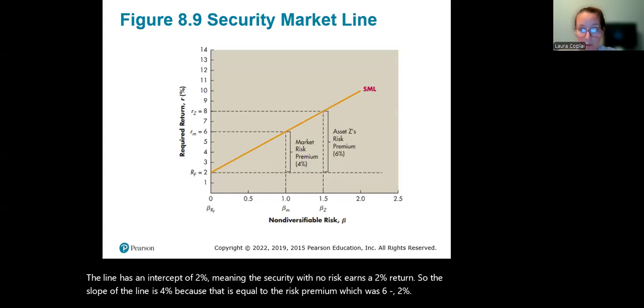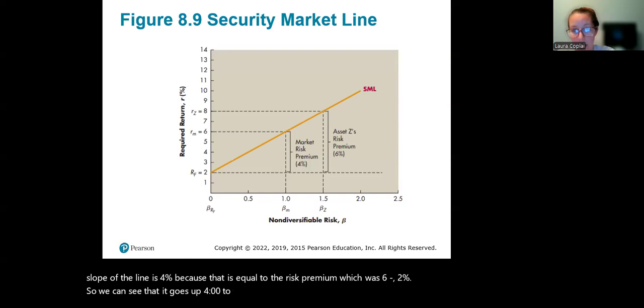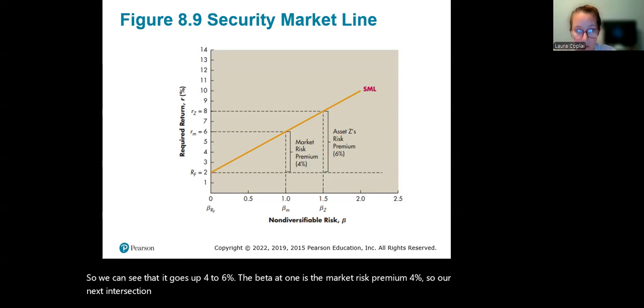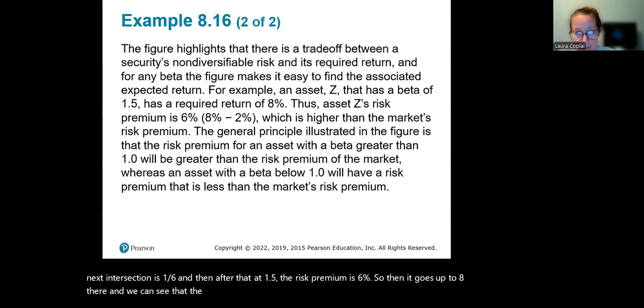So we can see that it goes up 4 to 6%. The beta at 1 is the market risk premium of 4%. So our next intersection is 1, 6. And then after that, at 1.5, the risk premium is 6%. So then it goes up to 8 there. And we can see that the slope of the line is 4%.